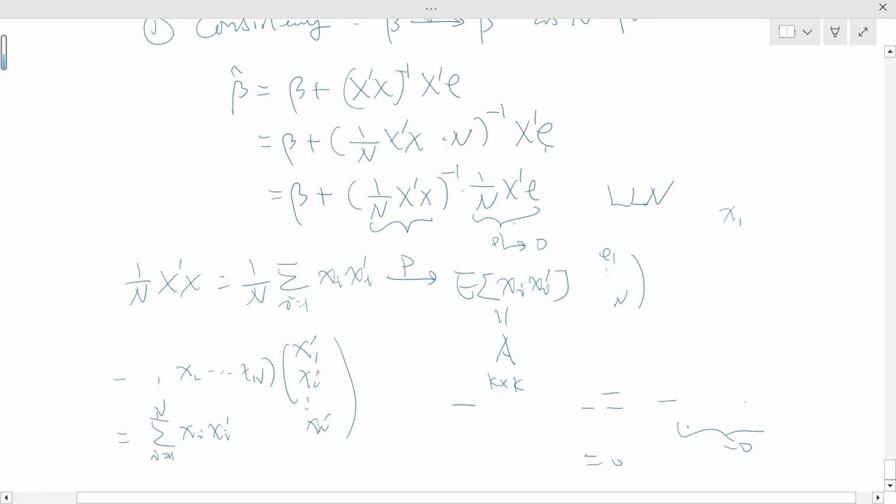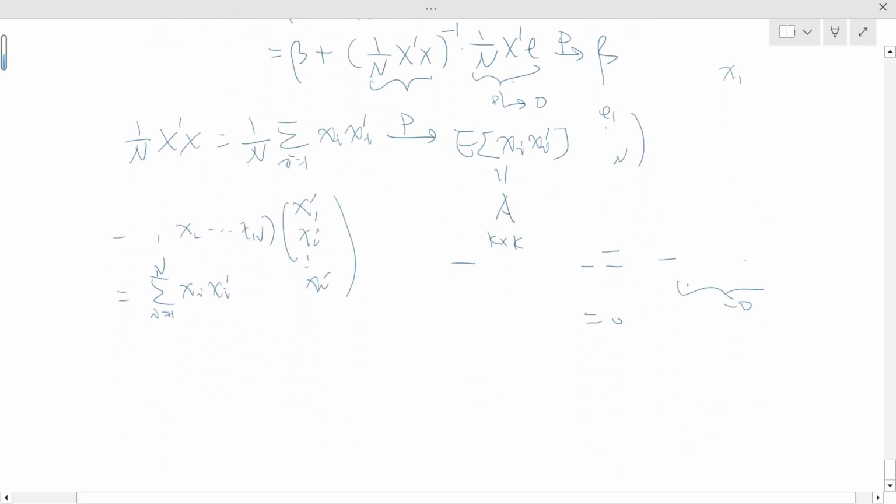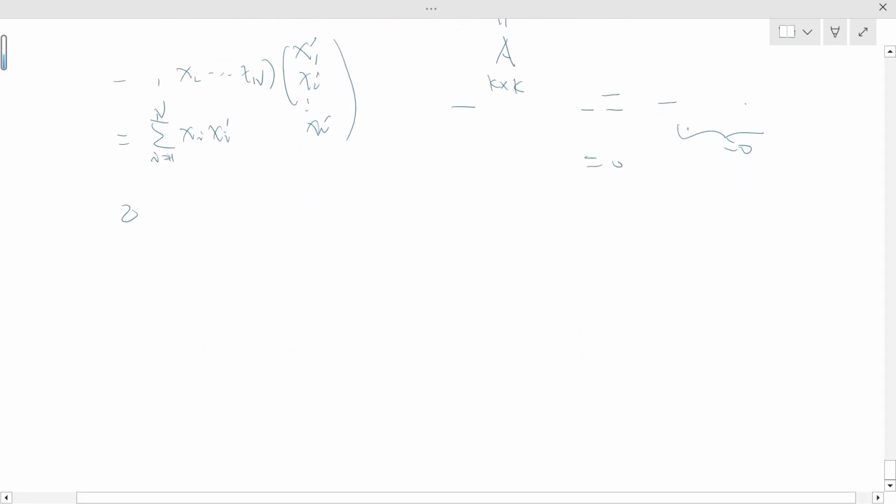We now see that by the law of large numbers, beta hat converges in probability to beta, the true value of the parameter, as n goes up to infinity. We call this consistency: beta hat is a consistent estimator of beta. Okay, let's look at asymptotic normality.